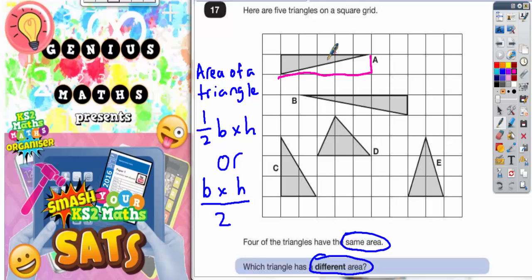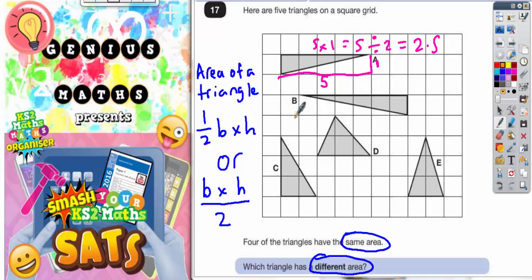So the base of this rectangle is 5, times the height of the rectangle, 1, which is 5. So the rectangle will be 5 squares, but the triangle is half of that. So you need to divide the 5 by 2, which is 2.5. So triangle A has an area of 2.5.